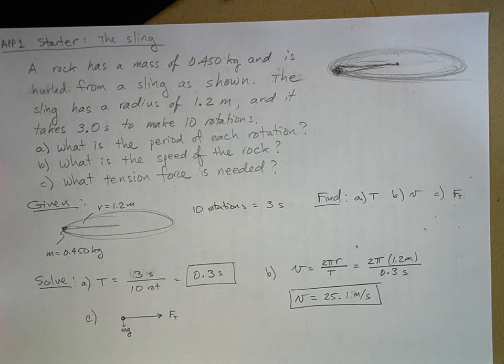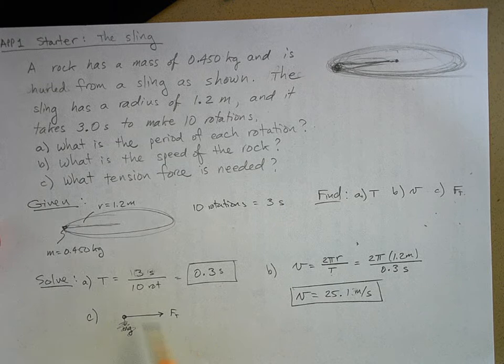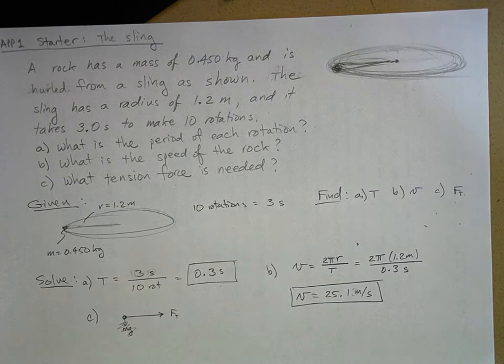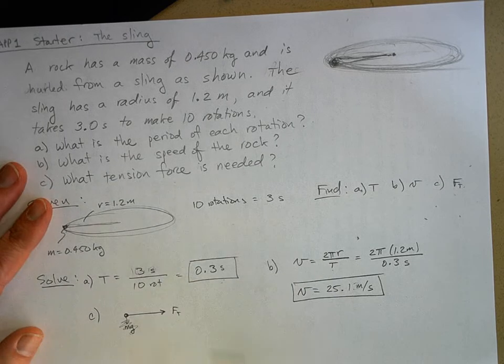But here's what I'm going to do. I'm going to say that the weight is negligible, or that, you know, if I have to include the weight, it's going to be a really complicated problem that we're actually going to do later on. But it's a little bit too complicated. So we're just going to say that that's the only force acting.